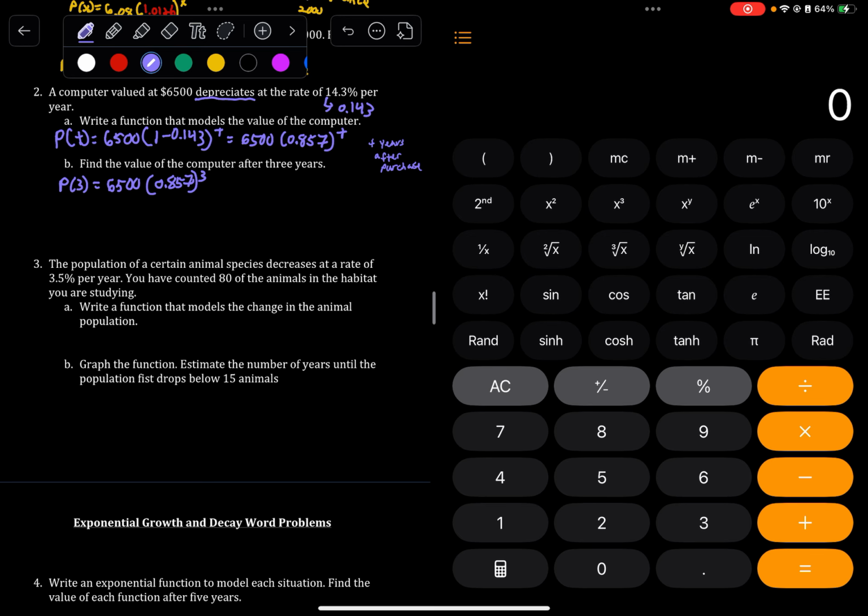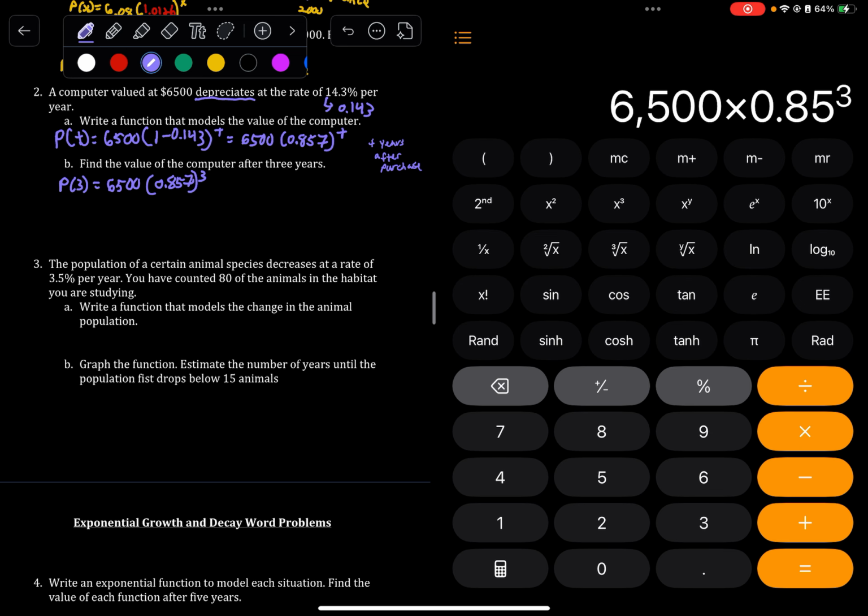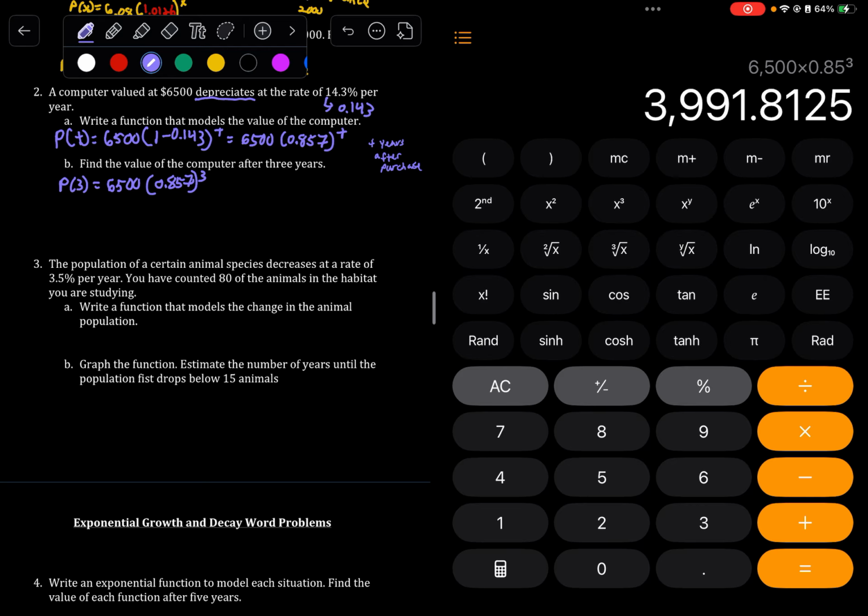All right, so it's 6,500 times 0.857 to the power of, they said after how many years? After 3 years, to the power of 3. Notice the value of this computer went from 6,500 to 4,000 basically.